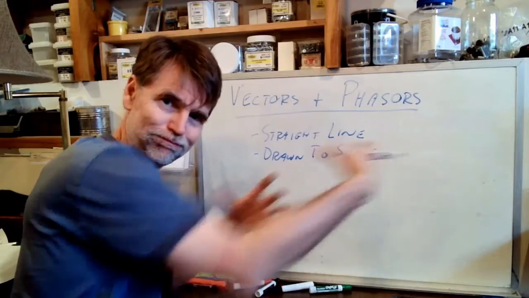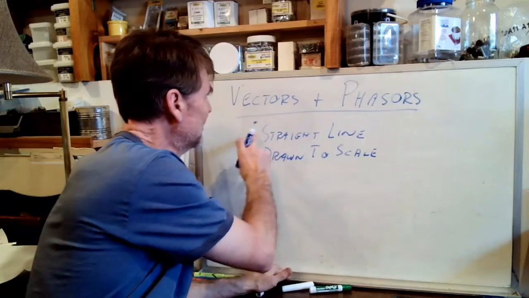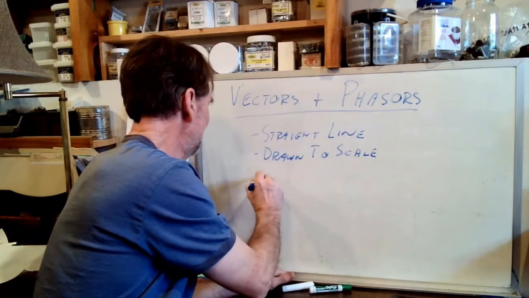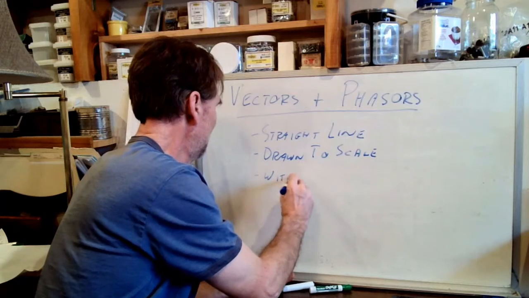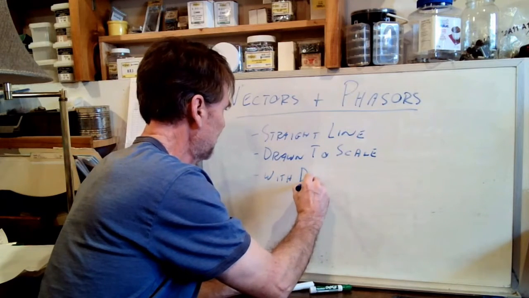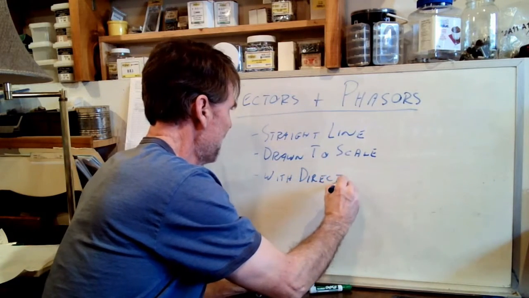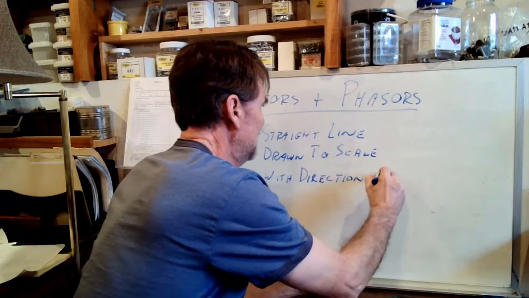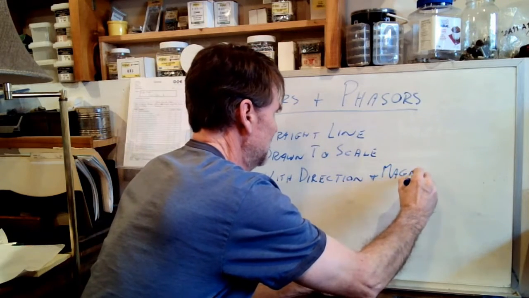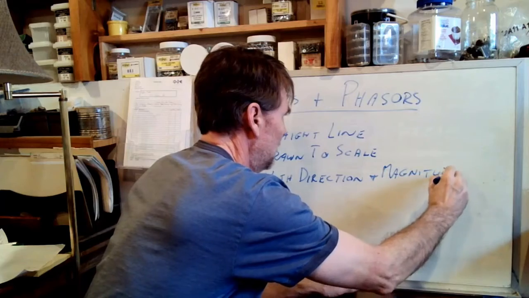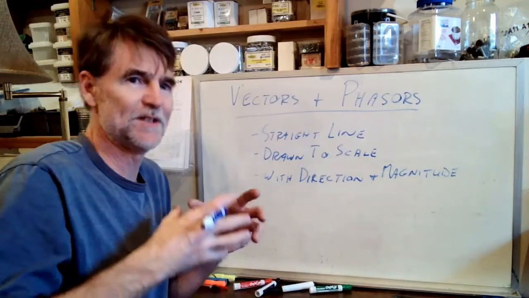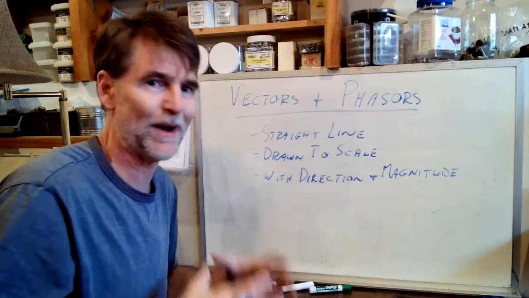I'll try, to a certain extent. It's a straight line drawn to scale with direction and magnitude. Okay, so there's what a vector is. It's a straight line drawn to scale with direction and magnitude.